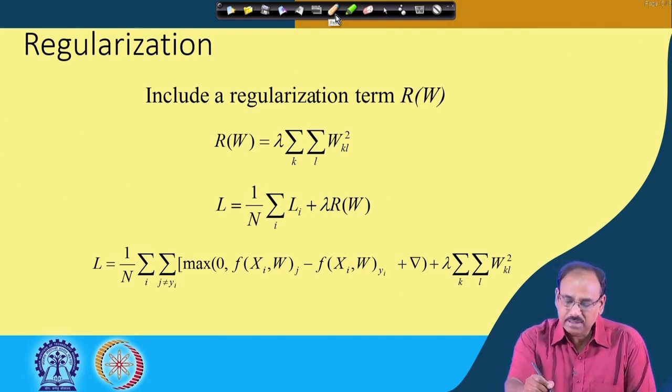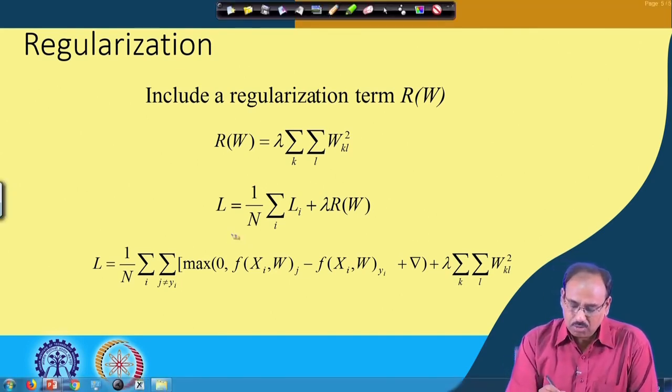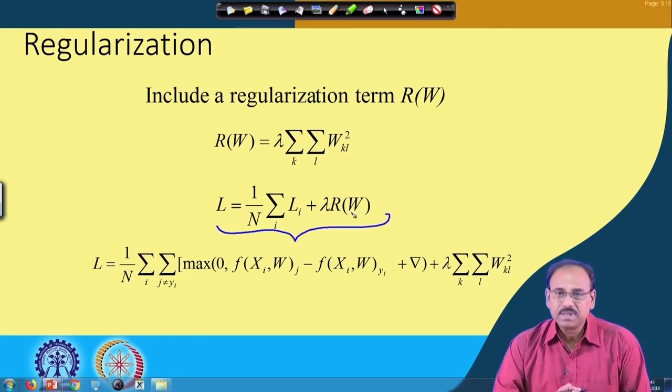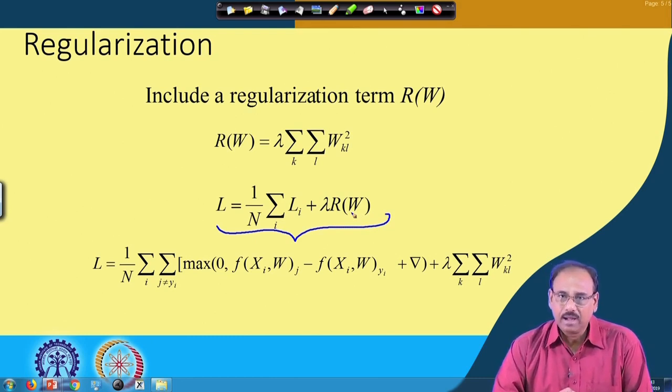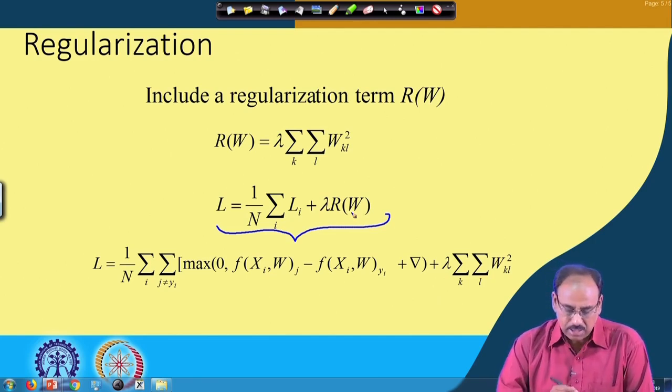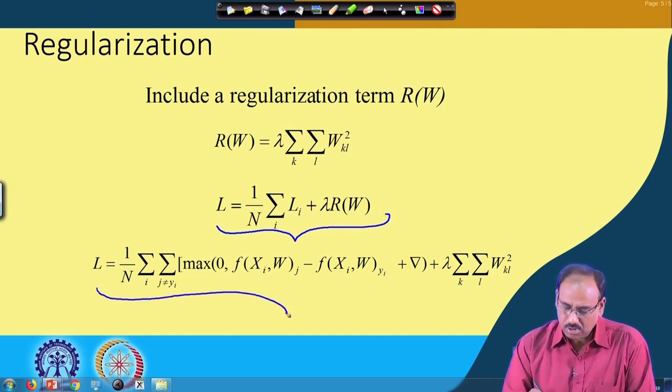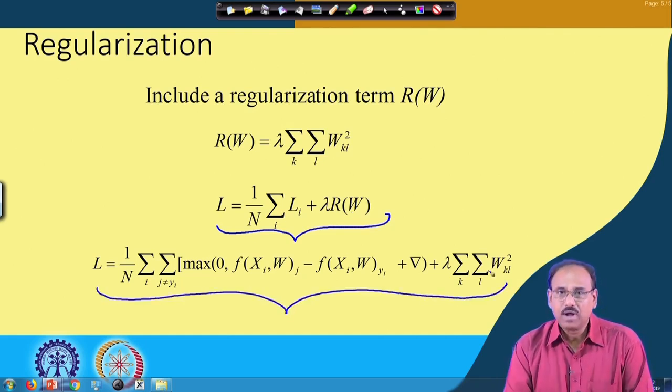And as a result, our overall loss function becomes L is equal to the sum of L_i divided by n, where n is the number of training samples we have, plus lambda times R(W), or the overall loss function in the expanded form is given by this.